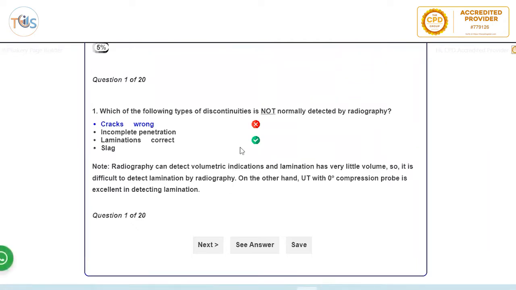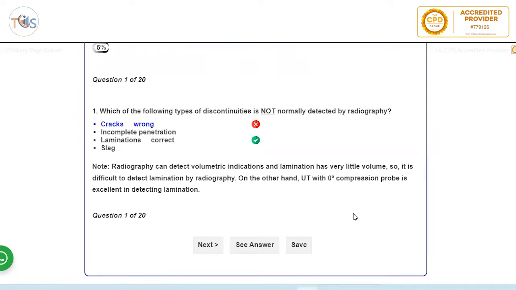Number one, which of the following types of discontinuities is not normally detected by radiography? The correct answer is lamination. The reason is that radiography works on volumes. The X-rays or gamma rays pass through the metal, and some of them get absorbed by the base metal.